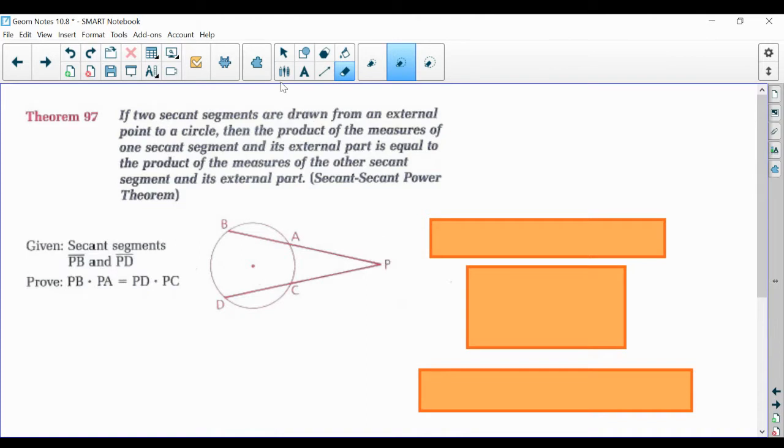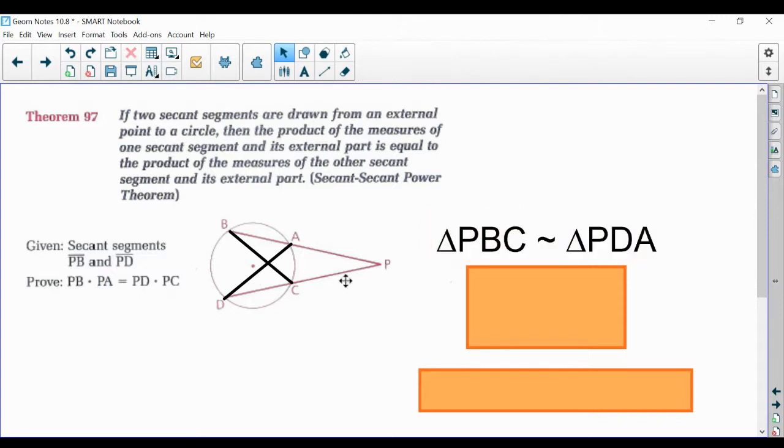Again, it matters which segments we draw in. I'm going to draw in the segment BC, and I'm going to draw in the segment DA. And I'm going to show that the triangles PBC and PDA are not congruent to each other, but they are similar to each other. So why are triangles PBC and PDA similar?